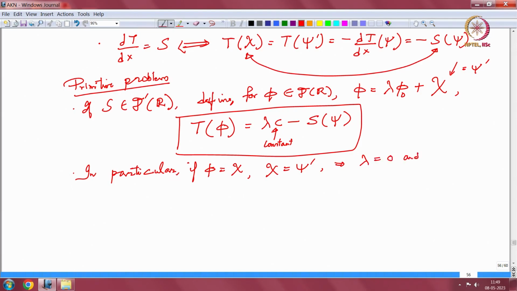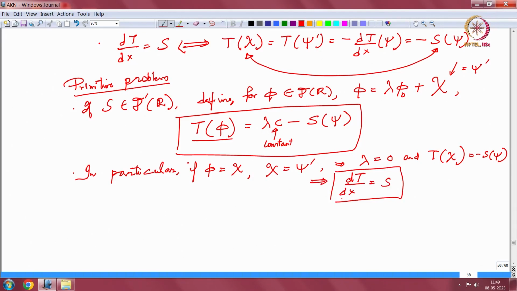So T of chi is equal to nothing but minus S I. That is precisely the condition dT by dx is equal to S. So you can solve it.